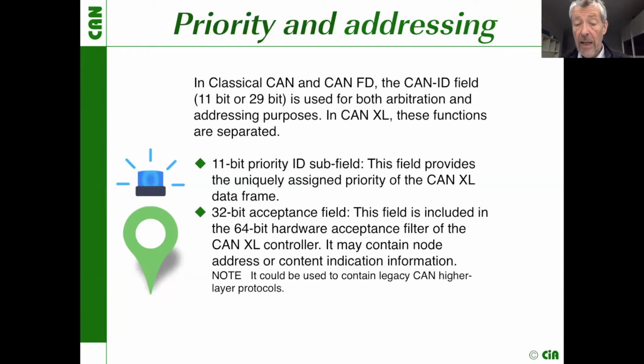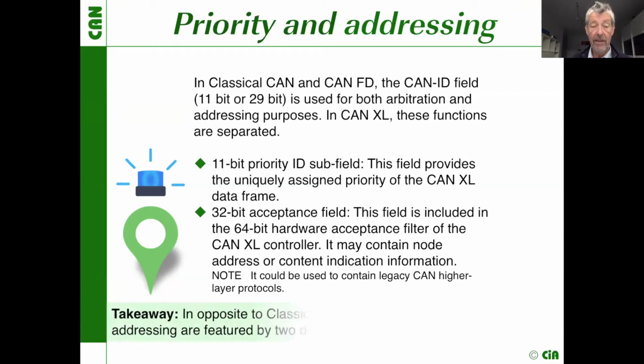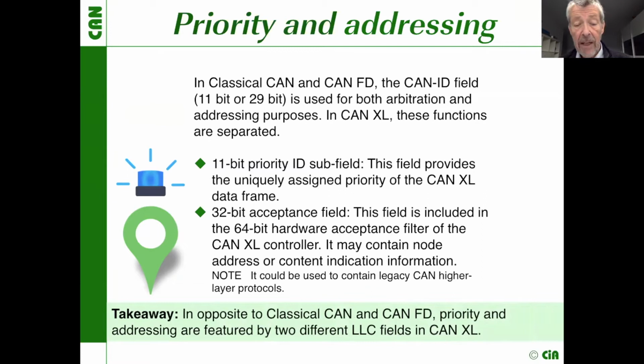You could use legacy CAN higher layer protocols. In addition, you have the priorities separated from that, so that it is much easier to have larger, more complex systems. So for takeaway, in opposite to classical CAN and CAN FD, priority and addressing are featured by two different LLC fields in the CAN XL frame.